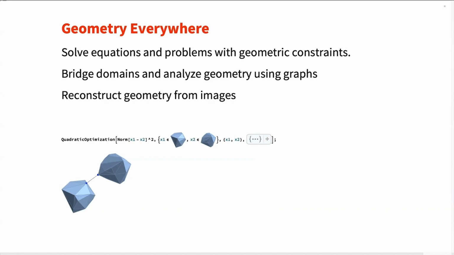In this example, we find the distance and the nearest point between 2 convex polyhedra by formulating the problem as a quadratic optimization problem, using the convex polyhedra directly as inputs. We may also bridge domains to analyze geometry using graphs, and reconstruct geometry from images or computer maps.